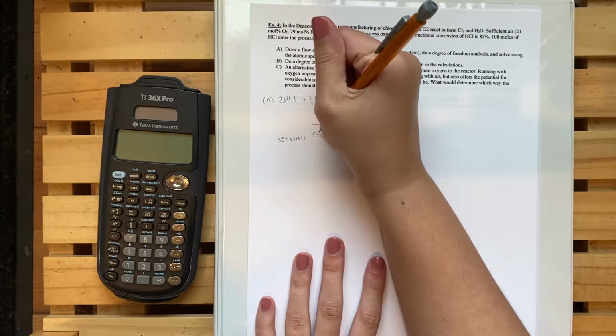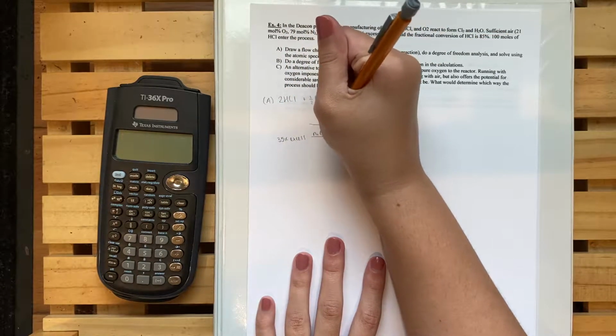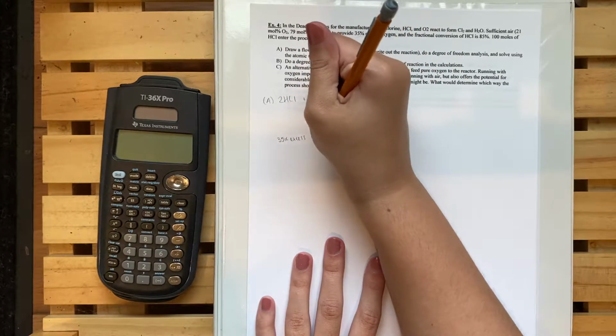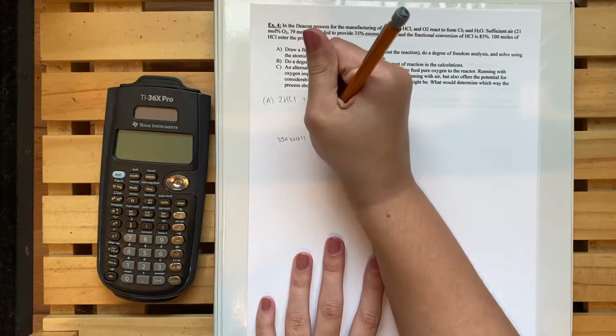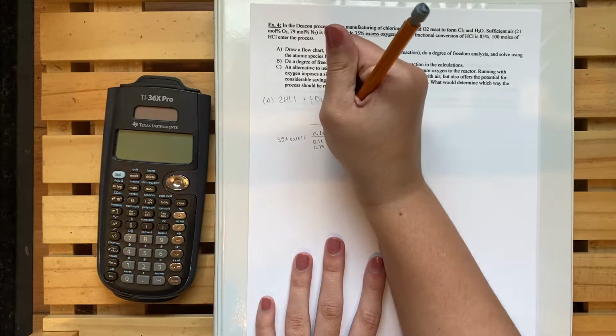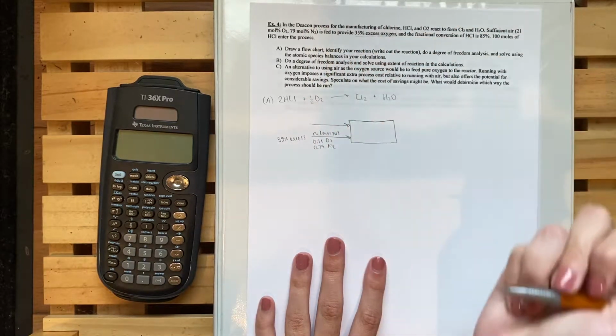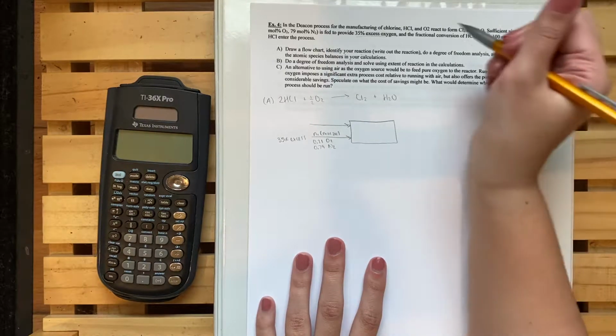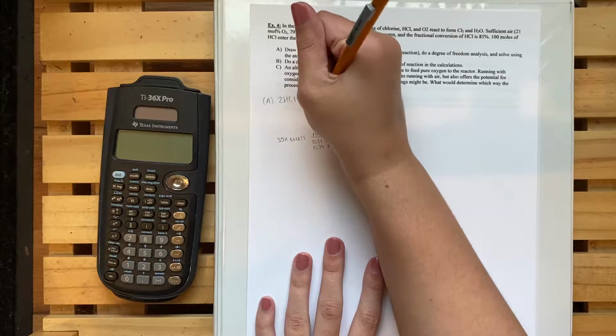So this is our air stream, and that's 21% O2 and 79% N2. And then we also have 100 moles of HCl entering the process.